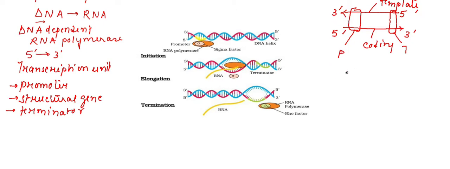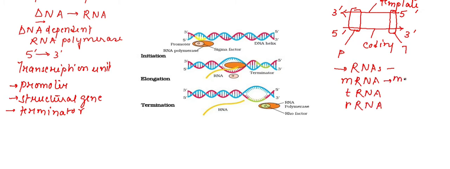Now the enzyme called RNA polymerase transcribes all the 3 types of RNAs in the prokaryotes. Only a single enzyme is present. And the 3 types of RNAs are mRNA, tRNA and rRNA. mRNA stands for messenger RNA.